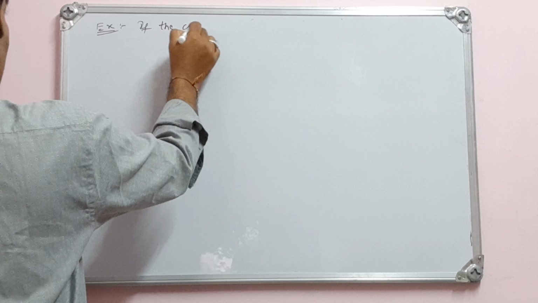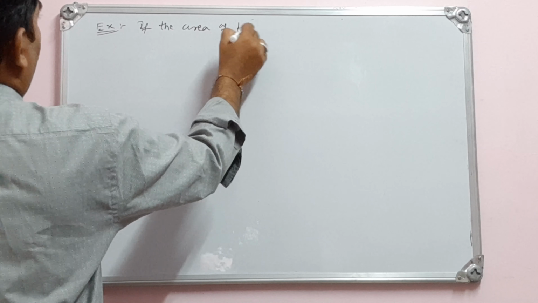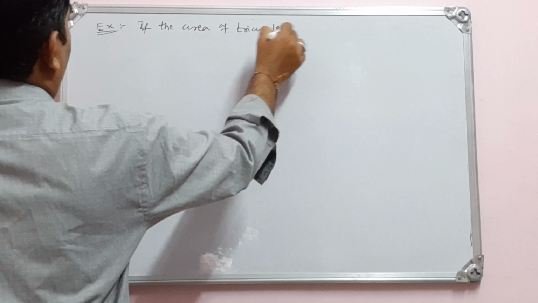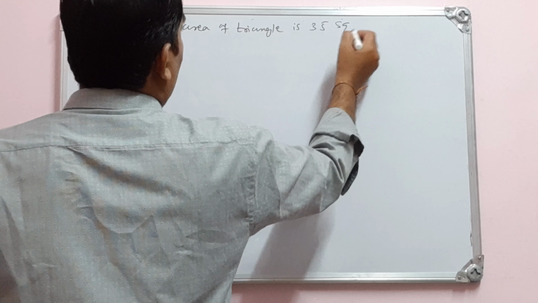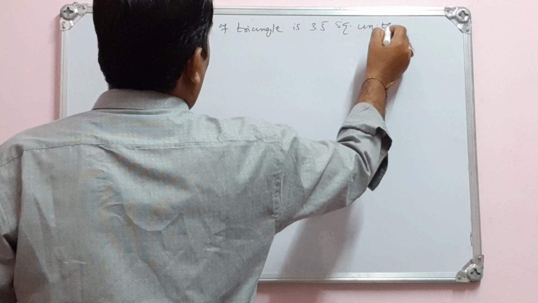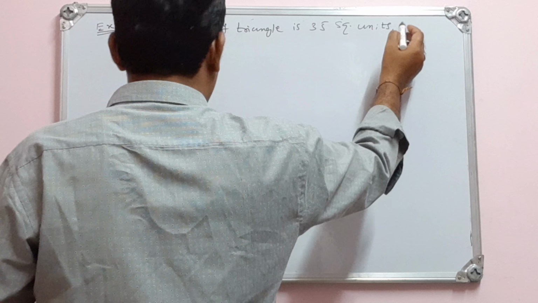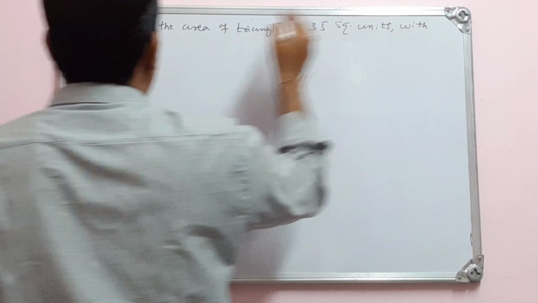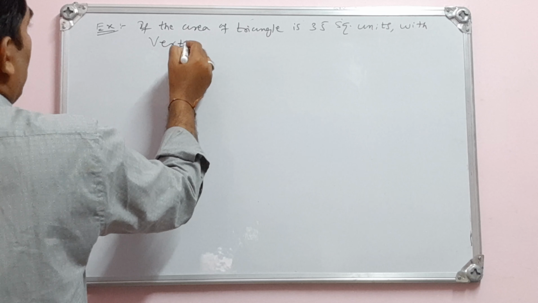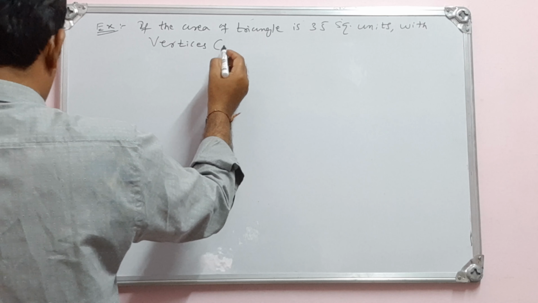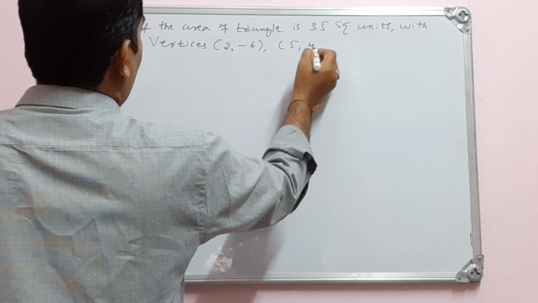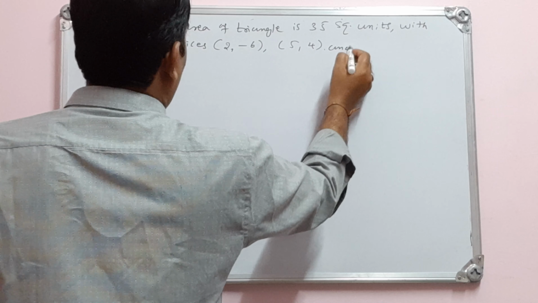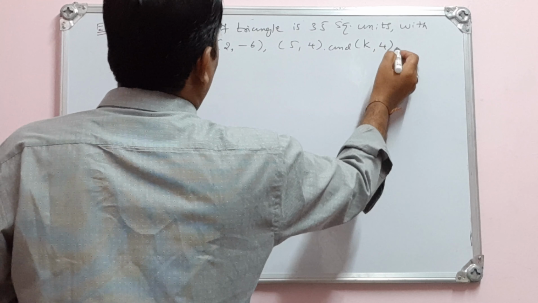If the area of a triangle is 35 square units with vertices, given vertices are (2, -6), (5, 4) and (k, 4), then find the values of k.